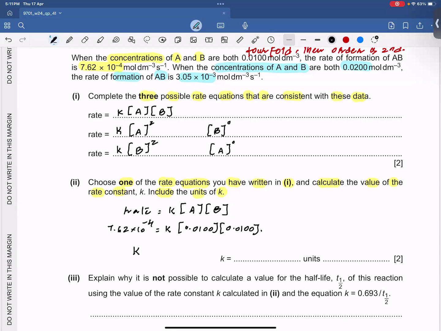So the value of k is going to be, check, 7.62 exponent minus 4 divided by 0.01 into 0.01. So 7.62 is the answer.